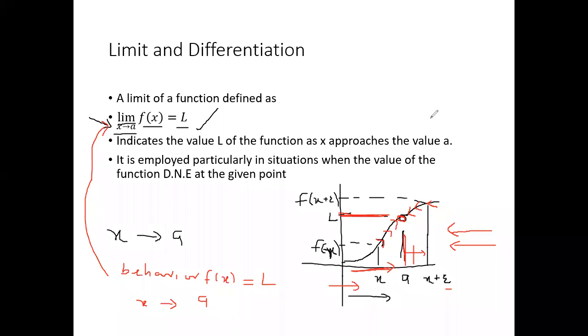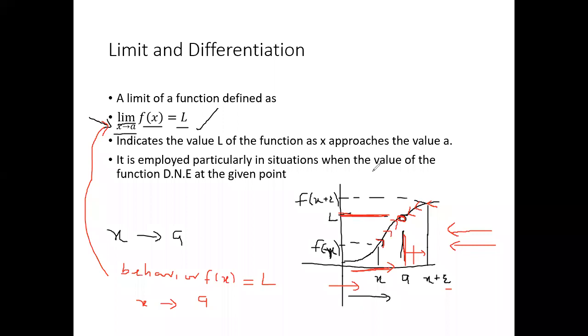Now, having explained the concept of the limit as the behavior of a function, we say that it indicates the value L of the function as x approaches the value A. It is employed particularly in situations when the value of the function itself does not exist.